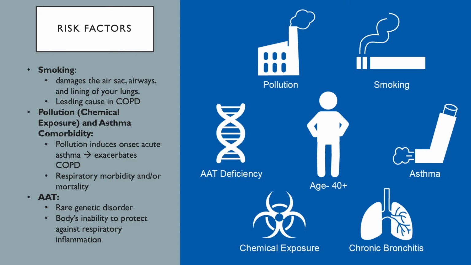Another rare factor, not really in your control, is AAT, which is a rare genetic disorder. The body has an inability to protect against respiratory inflammation. And again, COPD is an inflammation of the bronchioles and the bronchi and the lungs and the alveoli.